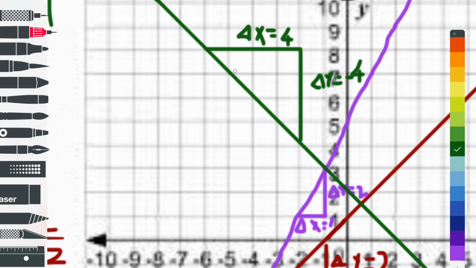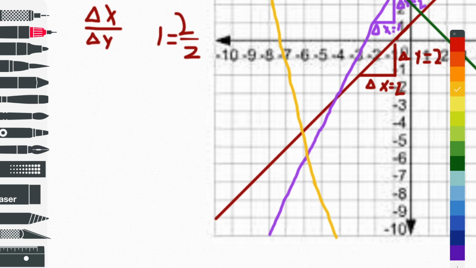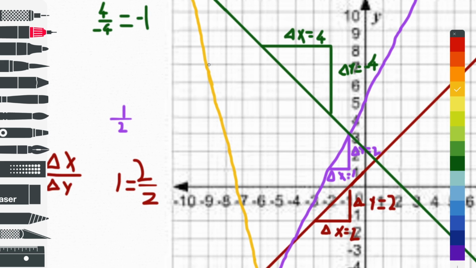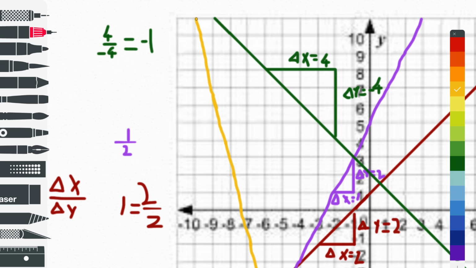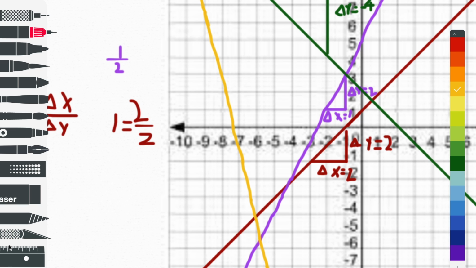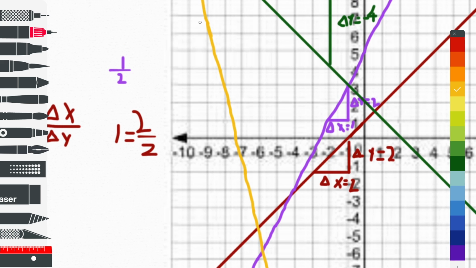So let's try an even steeper hill. So there's an even steeper line. What's the slope of this line? Let's see. Every time x changes by 2, it goes down 1, 2, 3, 4, 5, 6, 7, 8.